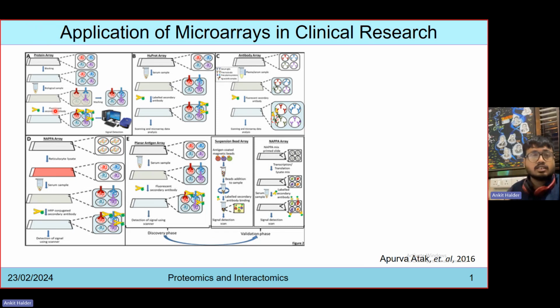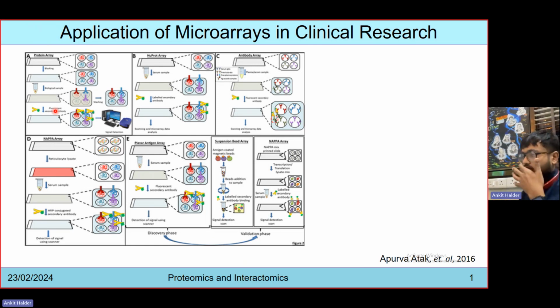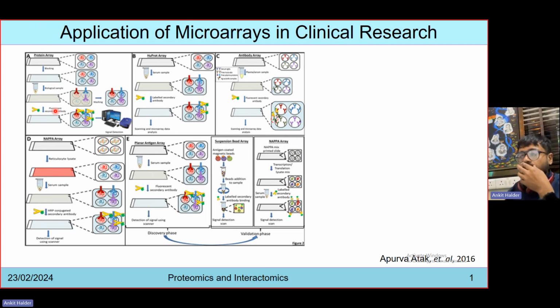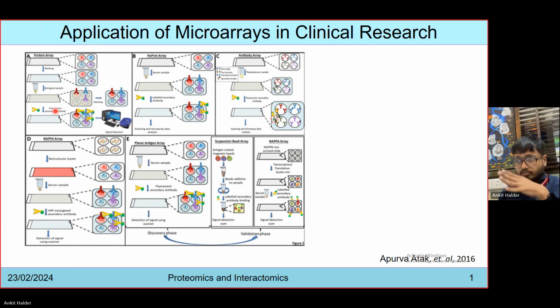There is the NAPA array, and we have also discussed a lot during the previous sessions and previous weeks the M-NAPA array, or the multiplex NAPA array. M-NAPA is where the proteins are multiplexed and spotted accordingly.